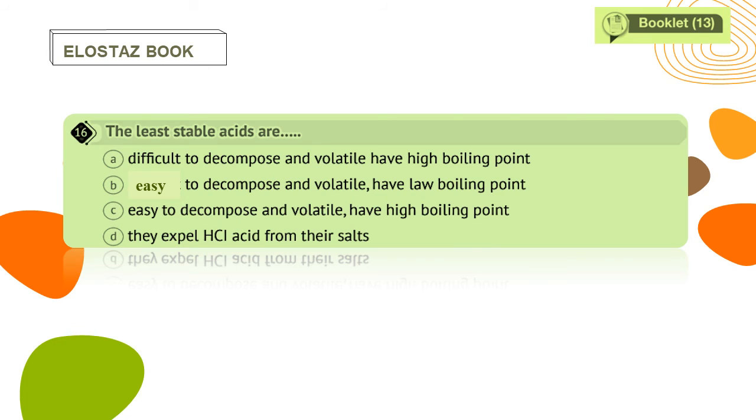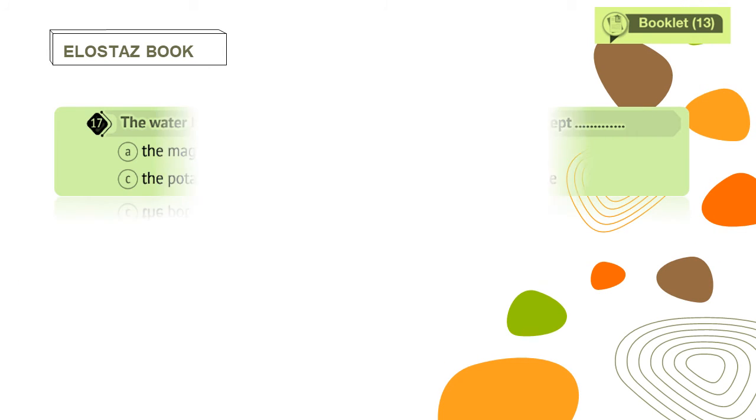So the right answer here will be letter B: decomposes and volatile easily and has a low boiling point, so it will be the least stable acid that we have. Okay, let's go to question 17.